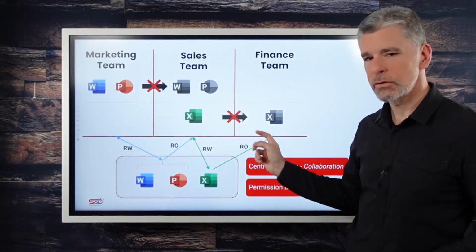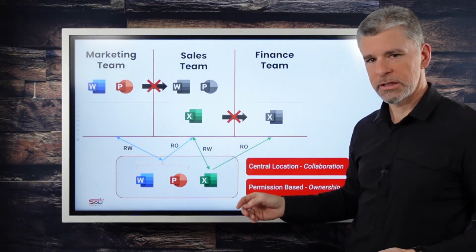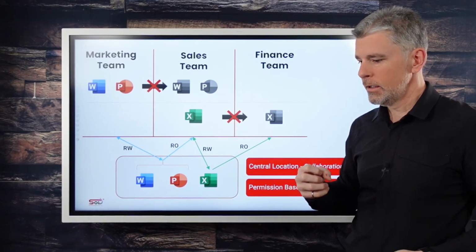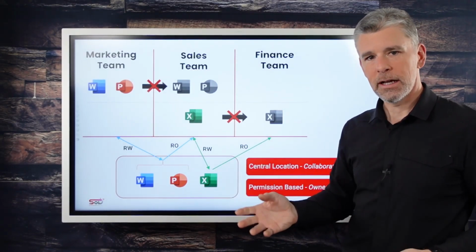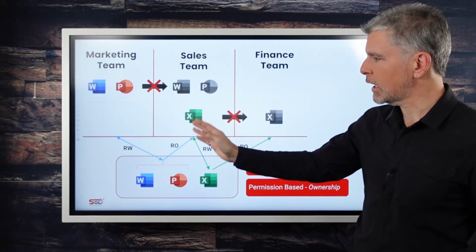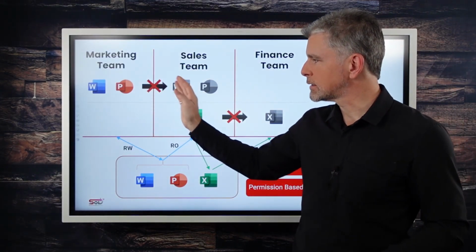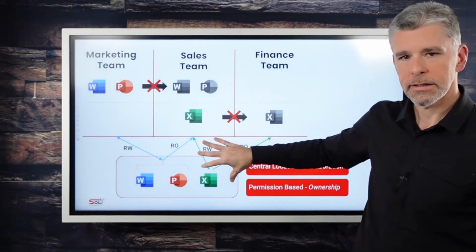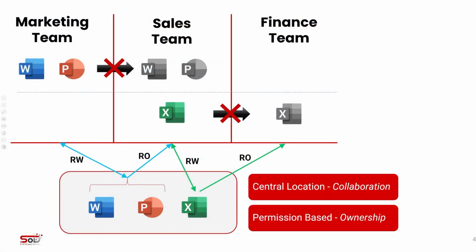So they don't necessarily need to talk to each other. I'm not saying they should not, but at least they can access this file and get the data they want. It could be every Friday, it could be at any time, or they can send messages. So this way you can break the silos between marketing and sales, and between sales and finance. So that's kind of a solution with technology that you can use.